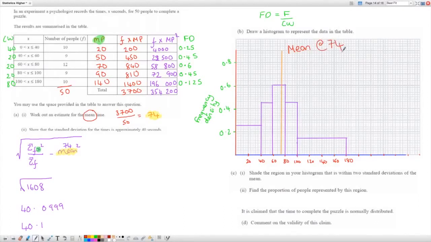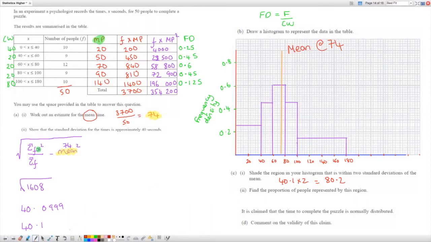At 74. 2 standard deviations, so we know our standard deviation is 40.1 times 2 gives us a value of 80.2. So here we now have our mean line at 74, and we can go below by 80.2 and above by 80.2.